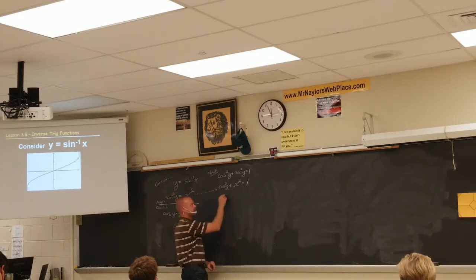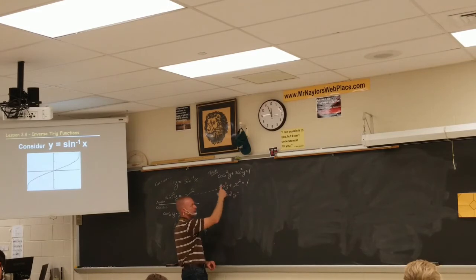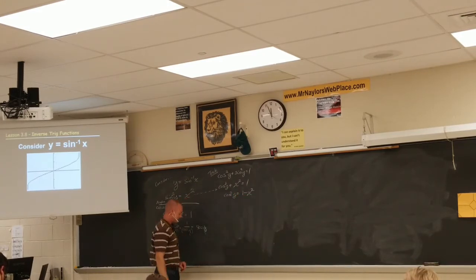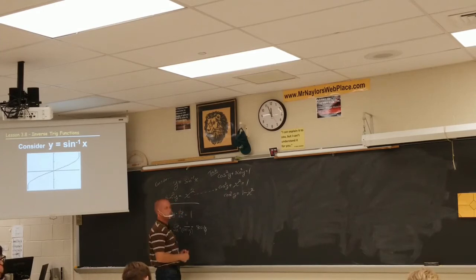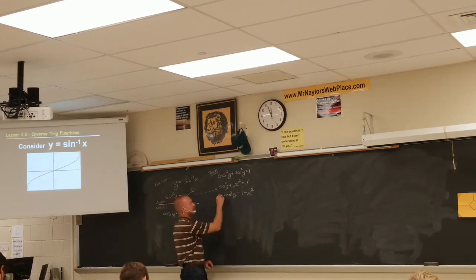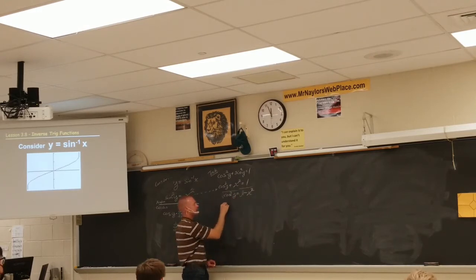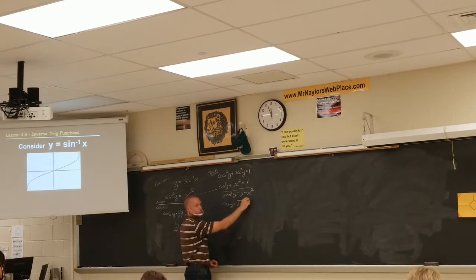And now, if I solve this for cosine, all of a sudden I'm able to make a statement that uses x. It's also a statement that uses a square root and a 1 minus x squared.